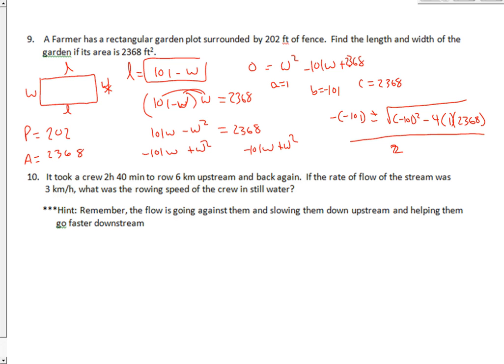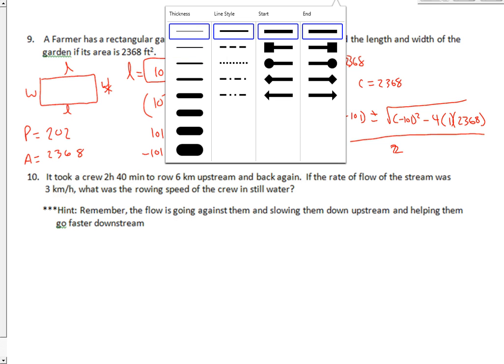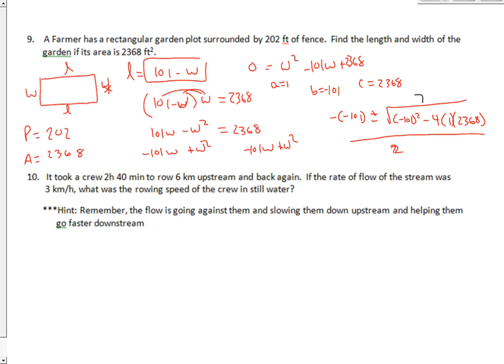When I simplify the inside here, I will get 729. So this inside here is 729. And if I take the square root of 729, that gives me 27.